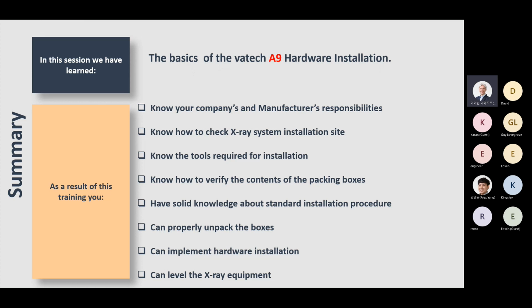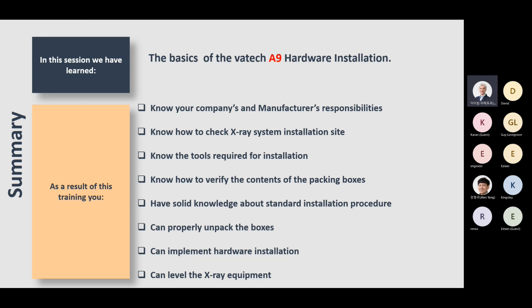So that is something you should refer to. Pretty much everything else is quite easy to understand and follow, especially if you use the QR code on the box, and you can easily install A9 by referring to that video.